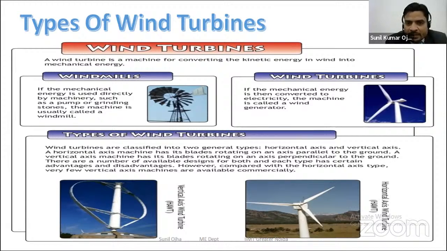If the wind energy is converted into mechanical energy, and that mechanical energy is converted into electricity, the machine is called a wind generator. As we know, there are two types based on the axis of rotation: vertical axis wind turbine and horizontal axis wind turbine.